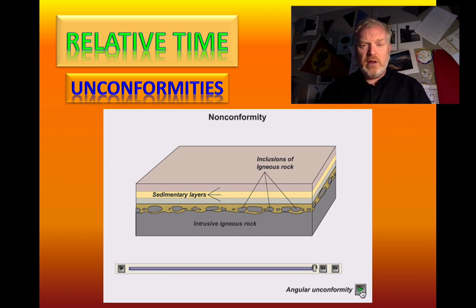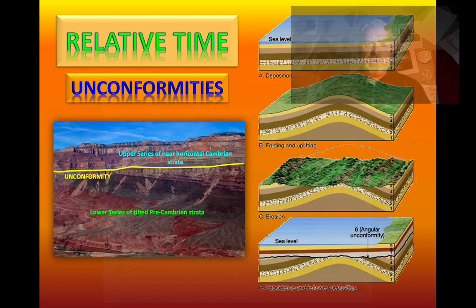So we have intrusive igneous rocks that must form at depth, unmetamorphosed sedimentary rocks that must form at the surface, found together, therefore there must be a gap of time. We may even see big fragments of the igneous rock that have been eroded away and incorporated into the sediment as well. Both of these indicate there's been a gap, a break in geological time.